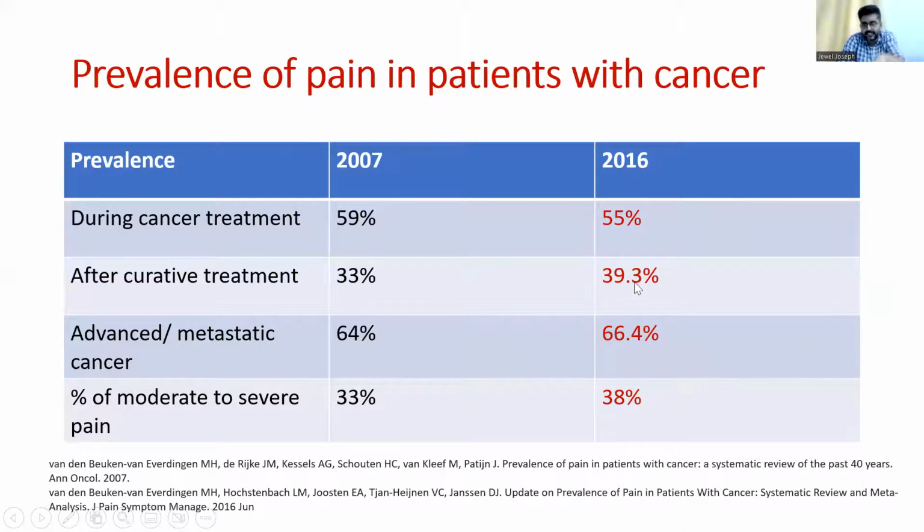Just look at all these data: the prevalence of pain in this past decade has not changed much. Again, if you look at cancer treatment as such, it must have grown exponentially over this past decade. There may be many reasons for this, but I just wanted to show you that pain control is still a great challenge in cancer patients, which is the same case with other diseases as well. I was just taking cancer as an example.